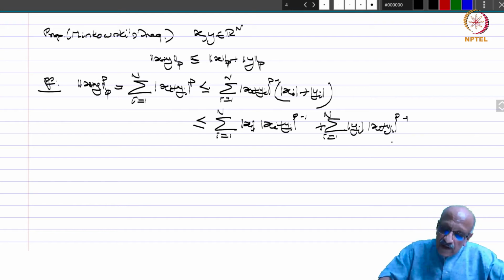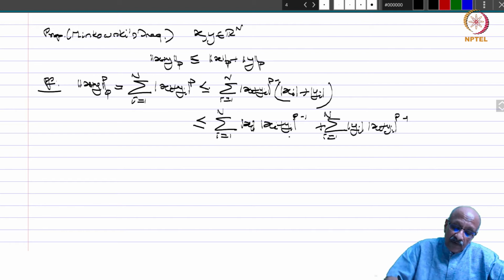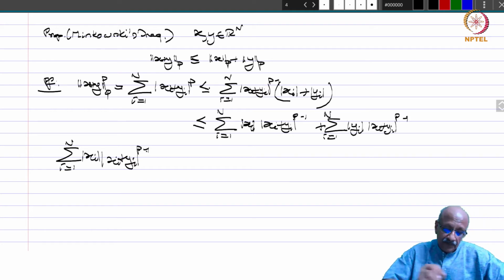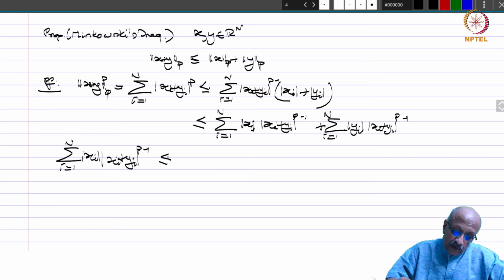Now to each of these terms I am going to apply Hölder's inequality. So what is the Hölder's inequality for this one? Let us take the first one, sigma i equals 1 to n mod xi times mod xi plus yi power p minus 1. This is less than or equal to, for the first one I have to put power p, so I'll get norm x p, and now I'll get the p star norm of this.